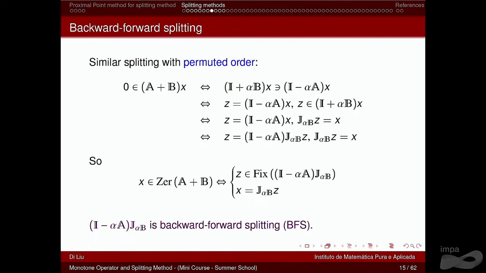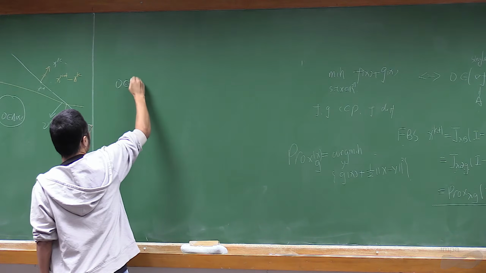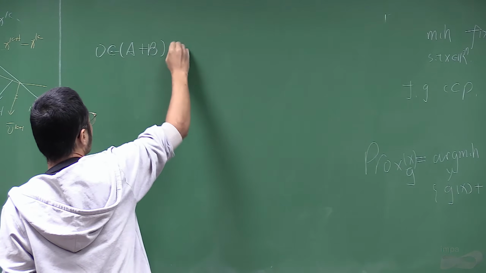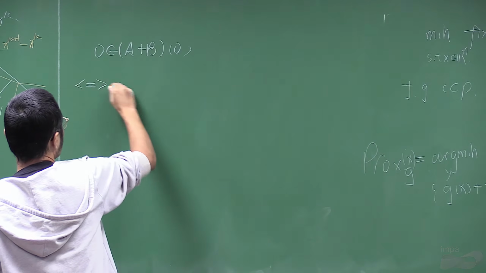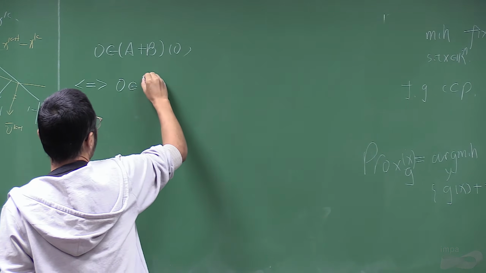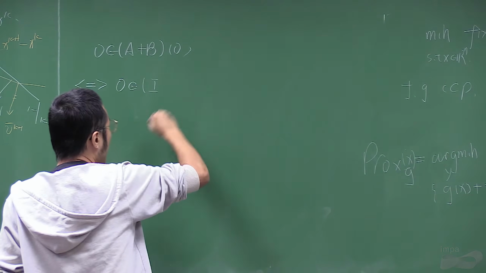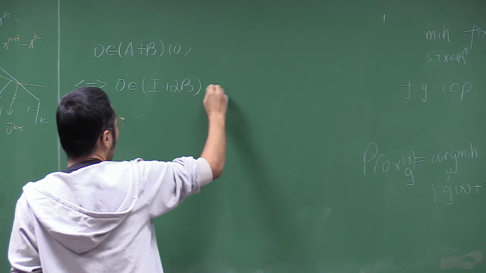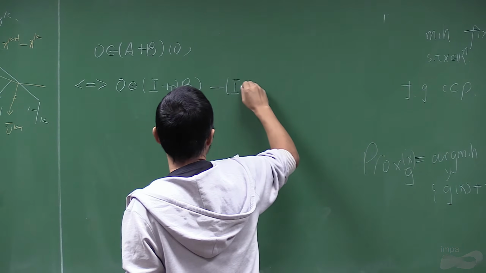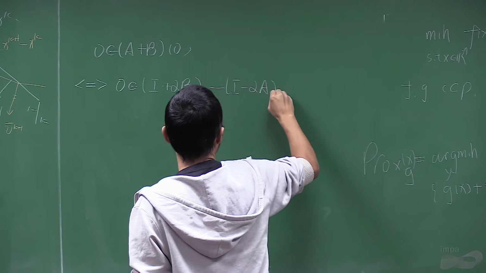Here, we define, I will write it on the blackboard. We begin from 0 belongs to (A plus B) x. Okay? It is equivalent to say that 0 belongs to (identity plus lambda B) minus (identity minus lambda A), okay?